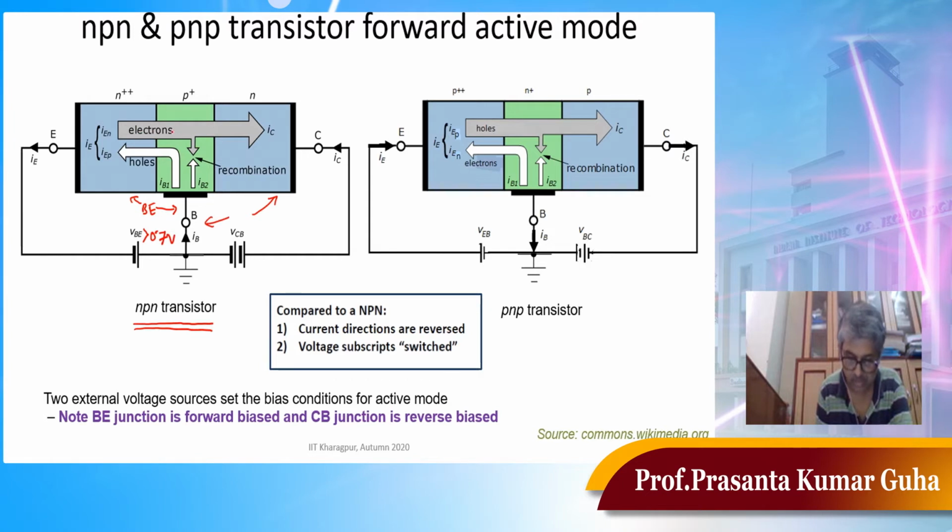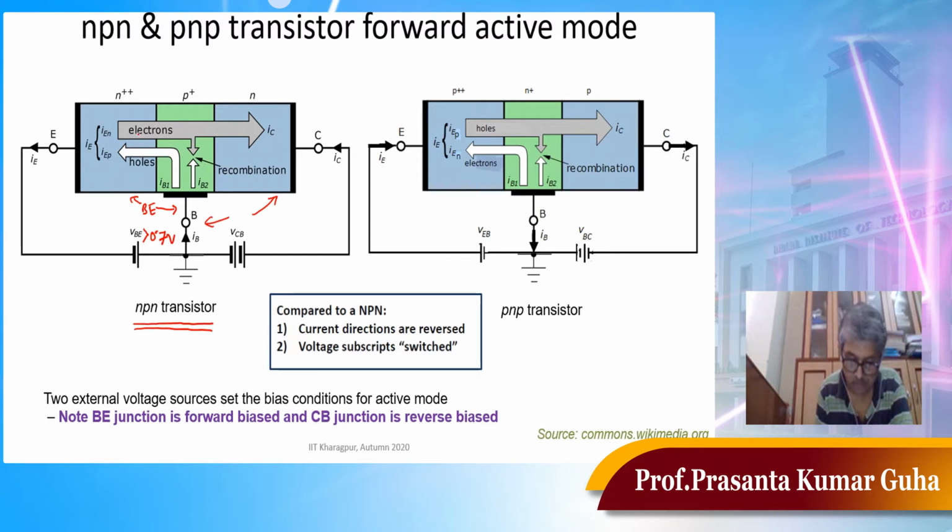That is what we have shown with this grayish arrow. What about the holes present in the base? Holes will be able to cross the base emitter junction and come to the emitter. That is like this white arrow I am showing.